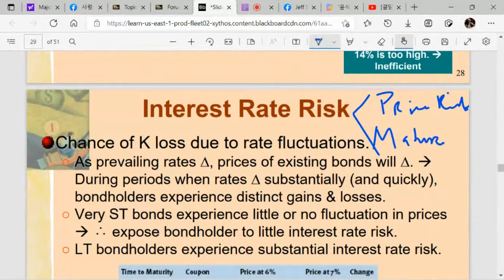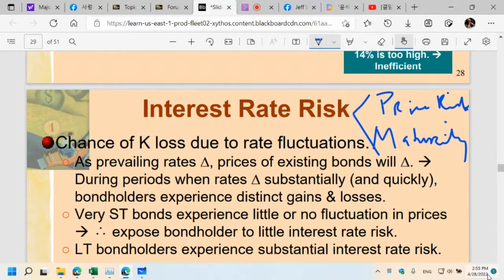They mean the same thing. So please read this. We don't have time for this. And also, interest rate risk and reinvestment rate risk are counteracting each other, counterbalancing each other. So please read.